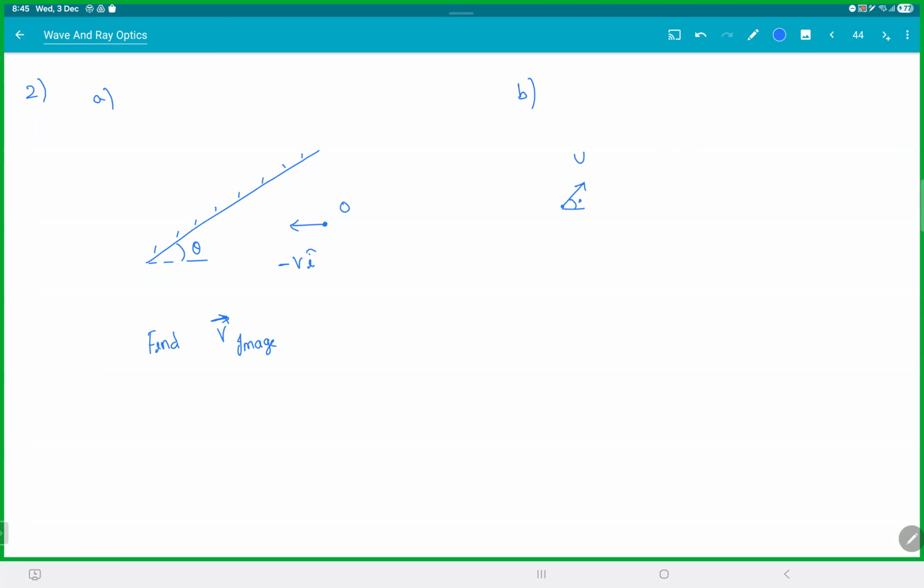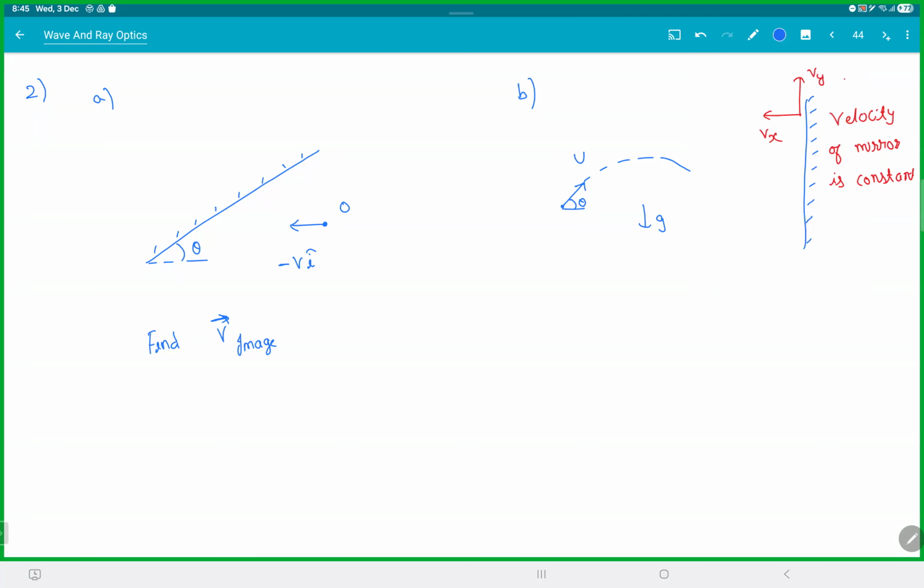A particle is projected with angle theta. It's going in a projectile motion. Gravity is there. We have a mirror here which is going with Vx and Vy. This is constant. Find the velocity of the image. The mirror is going at an angle, the object is flying like a projectile.